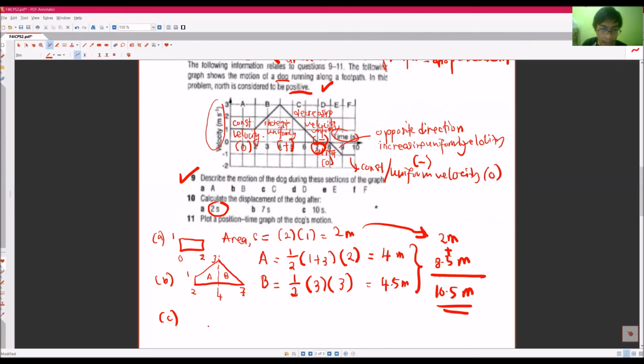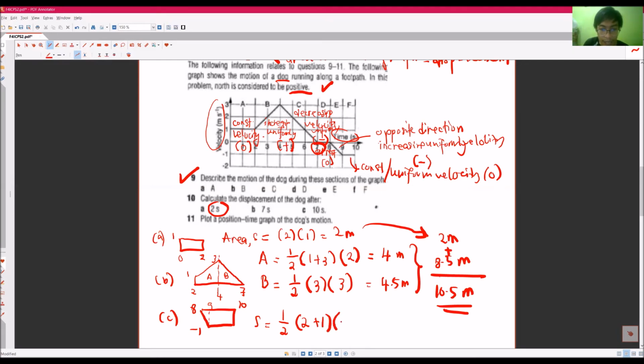So it basically has an inverted trapezium shape, from 8 to 10, with height negative 1. So we have to take into account the negative sign here. The area is 1/2 times the parallel sides: 10 minus 8 is 2, plus, this is 9 actually, so 10 minus 9 is 1.